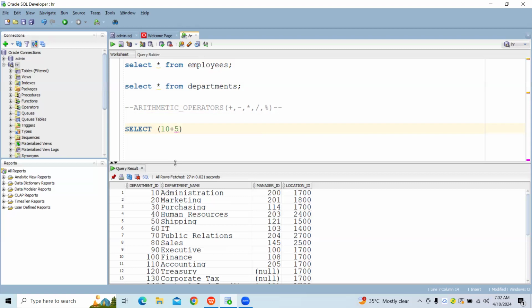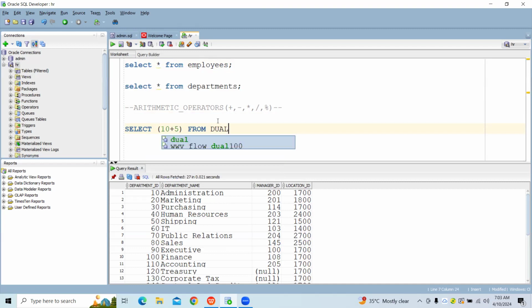After mentioning this, I mention the from clause. After the from clause, we need to mention the table name from which I want to retrieve data. This 10 plus 5 addition is a general operation that is not related to any table. If you want to perform any general operation, you can use the table name dual.